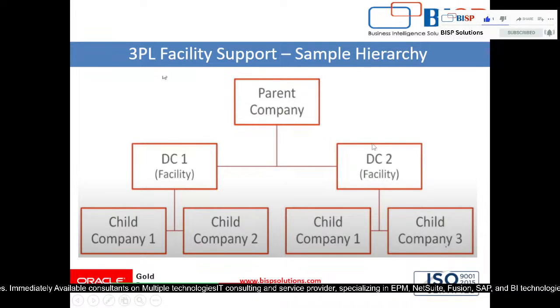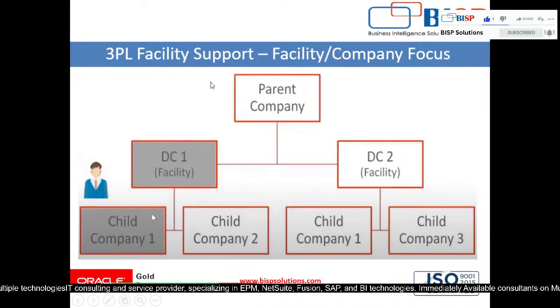Within those distribution centers, we have multiple companies. These are the child companies. You can simply set up our business this way. So we don't have permission to access the other DC and the other company. We have to set up this user and provide some privilege and permission so that the user only accesses this child company in this DC, not child company 2 and the other DC, right?